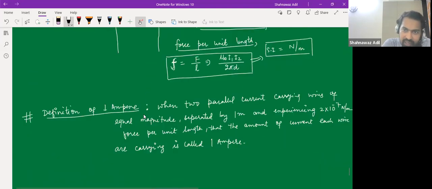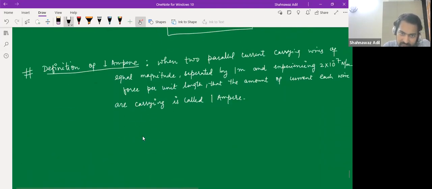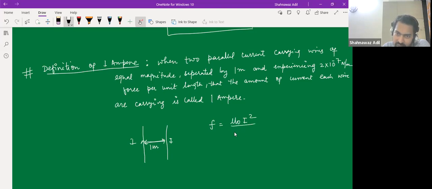So let us define what we are defining. We have two same current carrying wires, and the distance between them is 1 meter. So what is the force per unit length? This is mu naught I square divided by 2 pi d, and d is 1 meter.